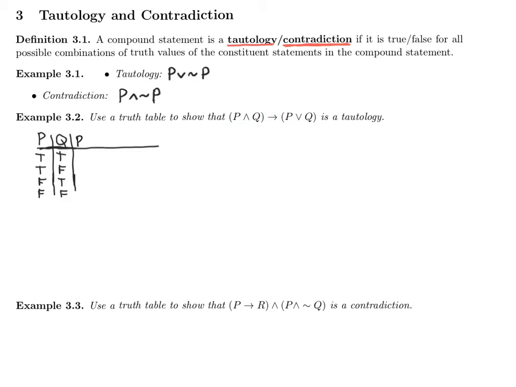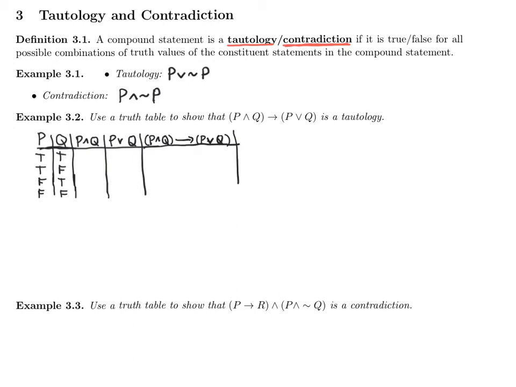We need P and Q, we need P or Q, and we need the implication of that: P and Q implies P or Q. Okay. So let's go ahead and fill this in.